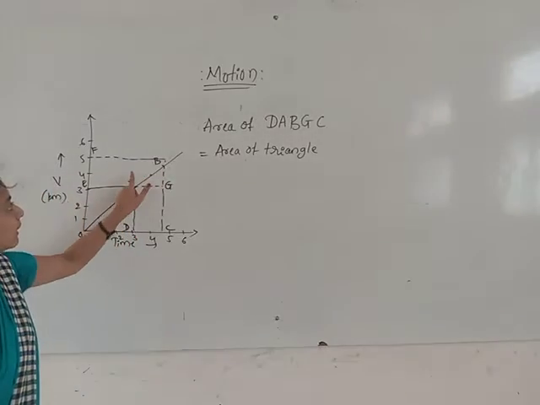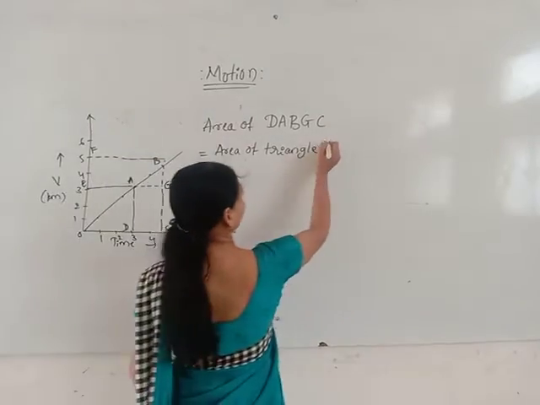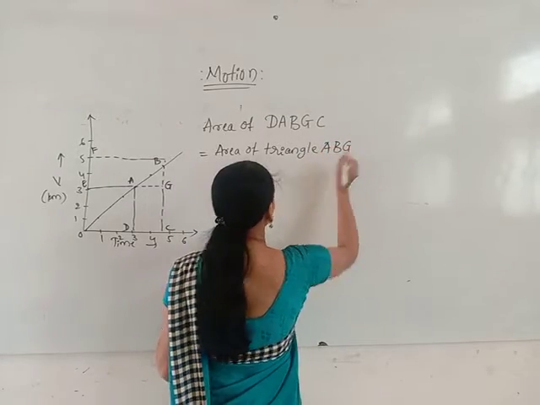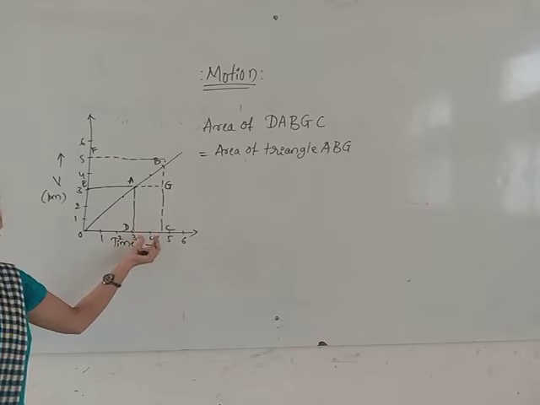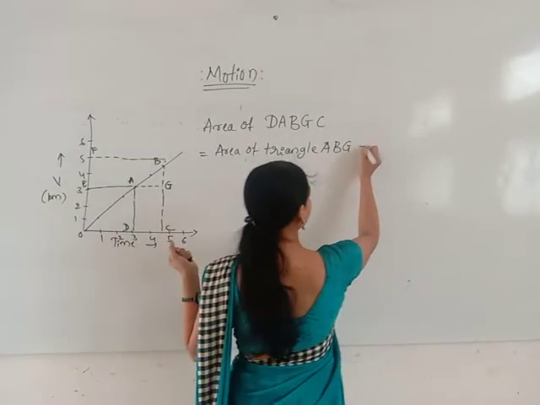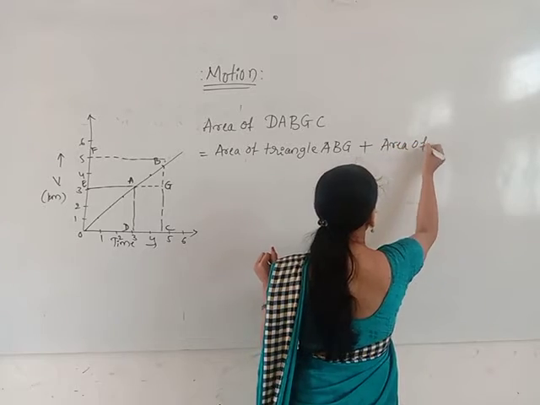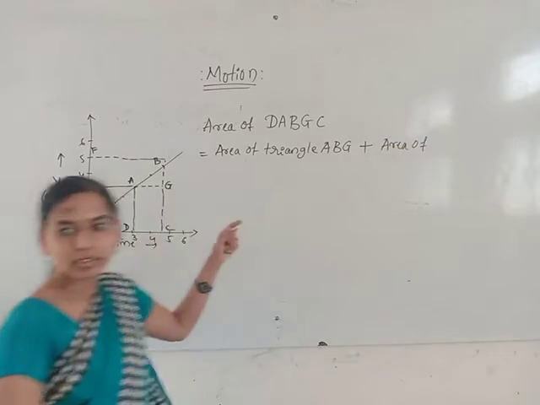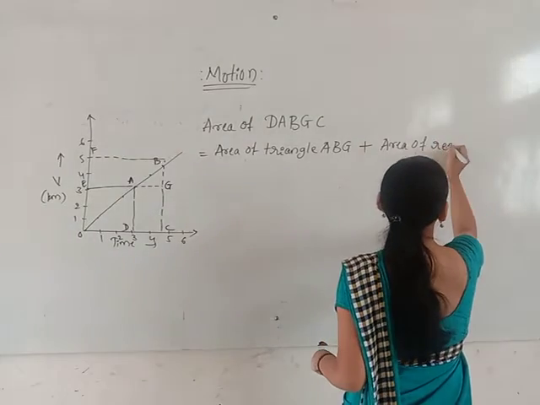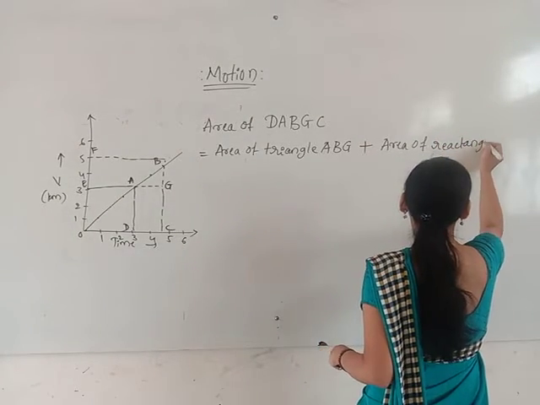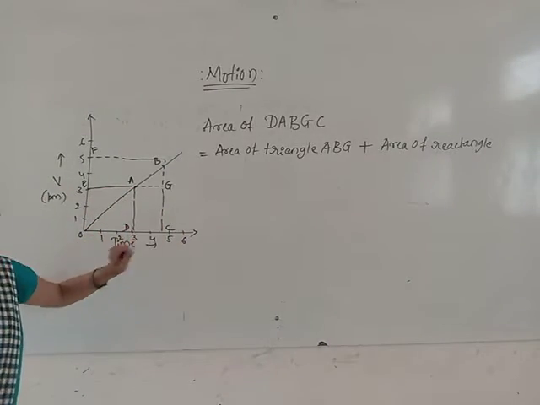What is the triangle? ABG. Okay? And also we have to determine the area of the rectangle. What is that? AGDC.